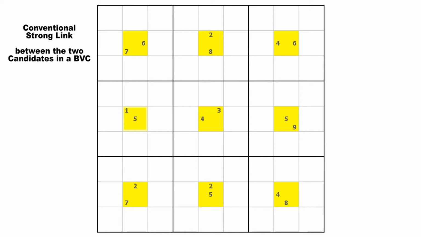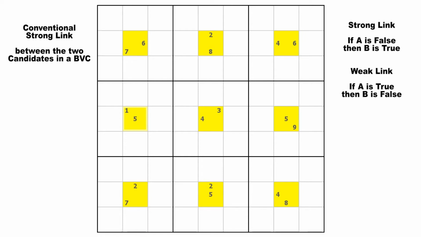As we know, in an AIC or alternate inference chain, where the links must alternate strong, weak, strong, etc., a strong link can be used as a weak link because it has the properties of both. This means that within any BVC, there is both a strong link and a weak link.